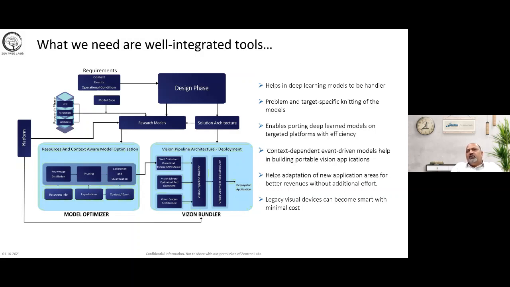Now the candidate has to focus more on building a sophisticated application than tweaking the models and struggling around getting these models converged, enabling support for deep learned models on target platforms with efficiency. Now we need some sort of integrated systems like this. Some of them are made, but they are very custom to their hardware.